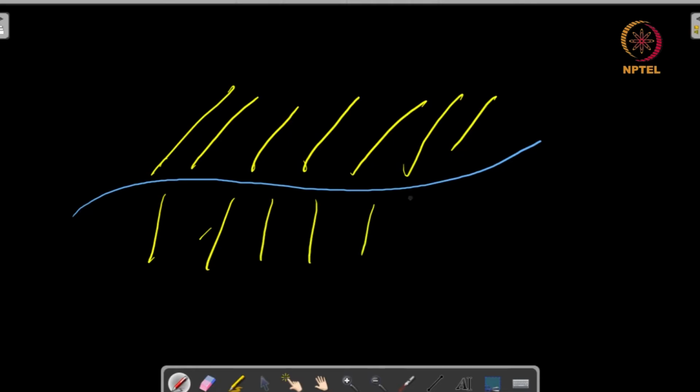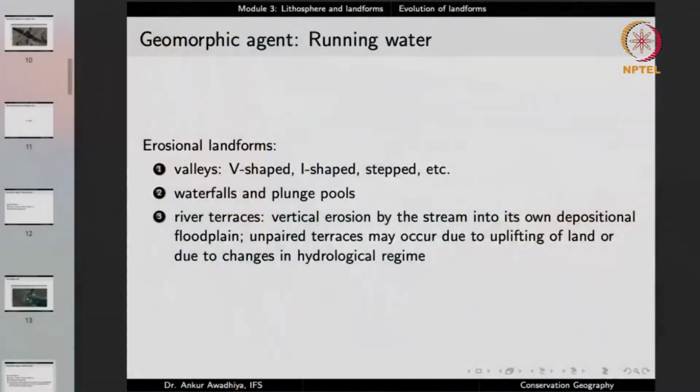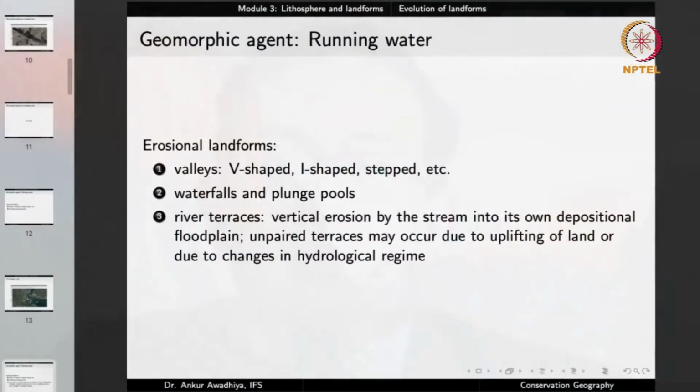So this becomes the floodplain of the river. Now if the river changes course, or in certain seasons when it has a greater erosional activity because more amount of water is flowing, it can lead to an erosion in its own floodplain. When it does that, it results in the formation of river terraces.